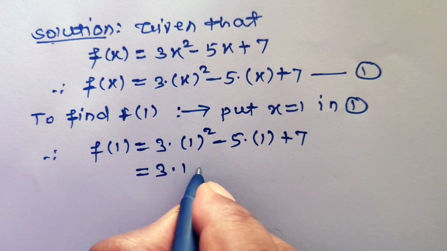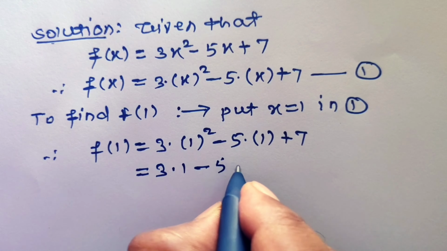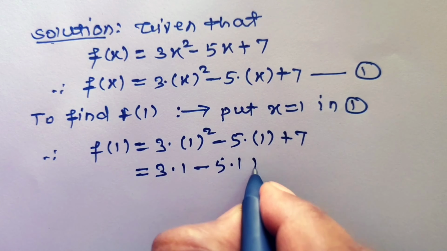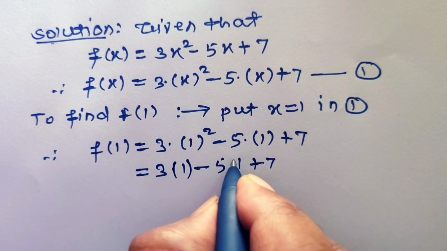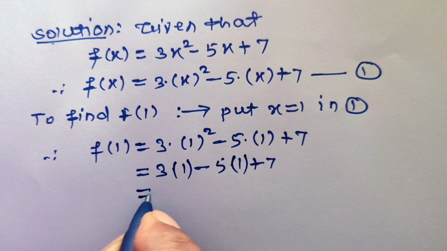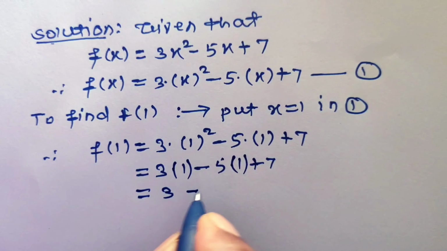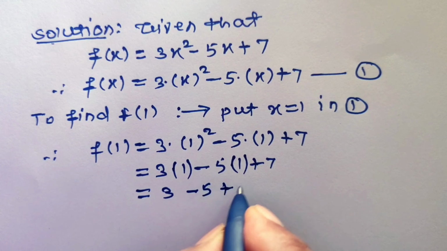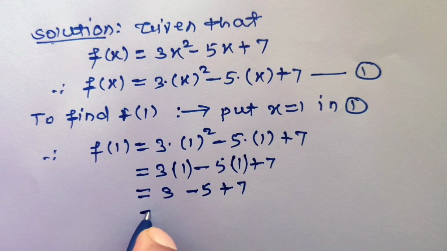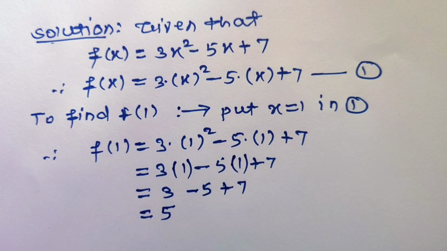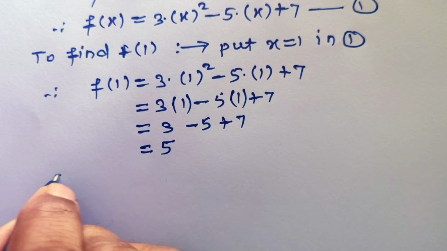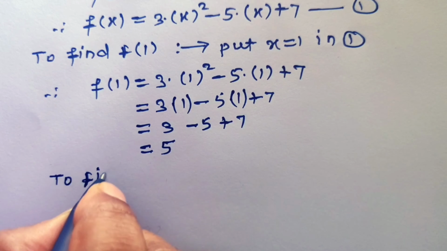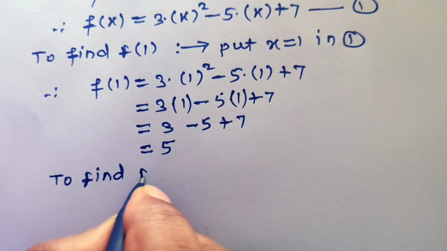Simplify this. 1 square is 1, hence 3 into 1 minus 5 into 1 plus 7. And this is equal to 3 minus 5 plus 7. 3 plus 7 is 10, 10 minus 5, 5. Hence, f of 1 is equal to 5. Consider this as equation number 2.